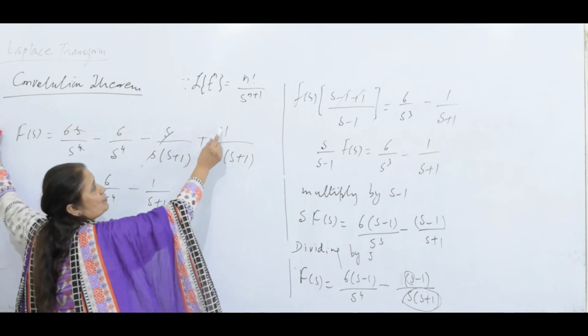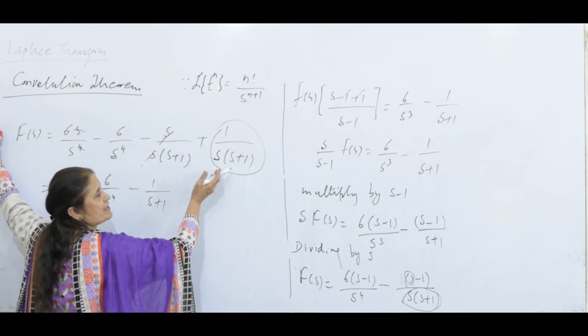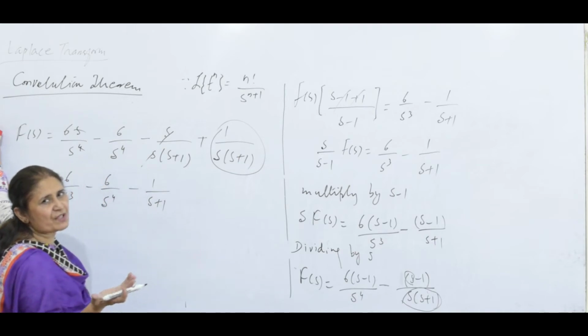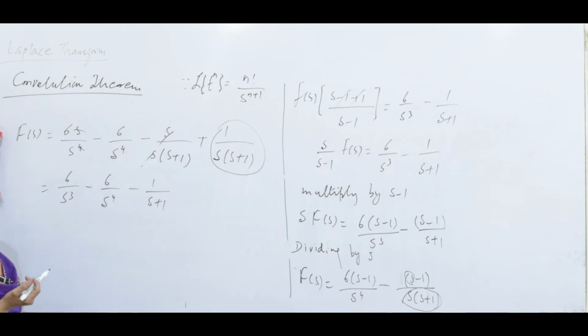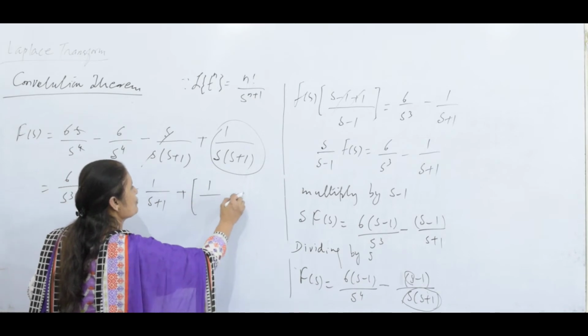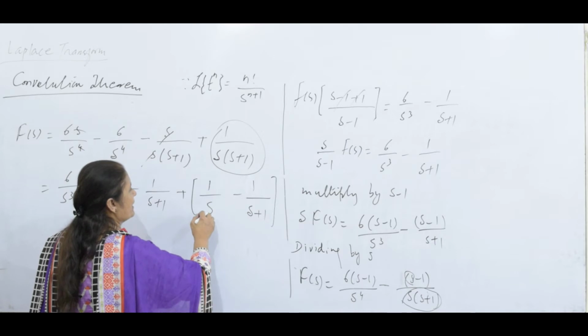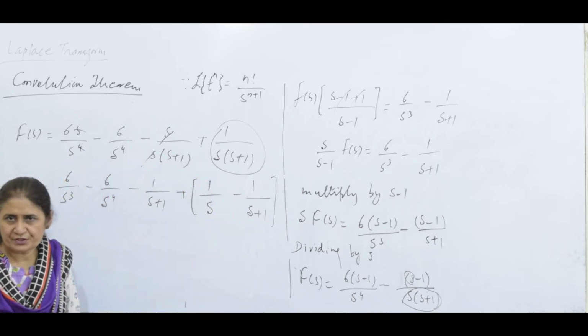So here two factors which are linear, you can either use the convolution theorem, where 1 over s is one function and 1 over s plus 1 is another function, or you can use partial fractions.